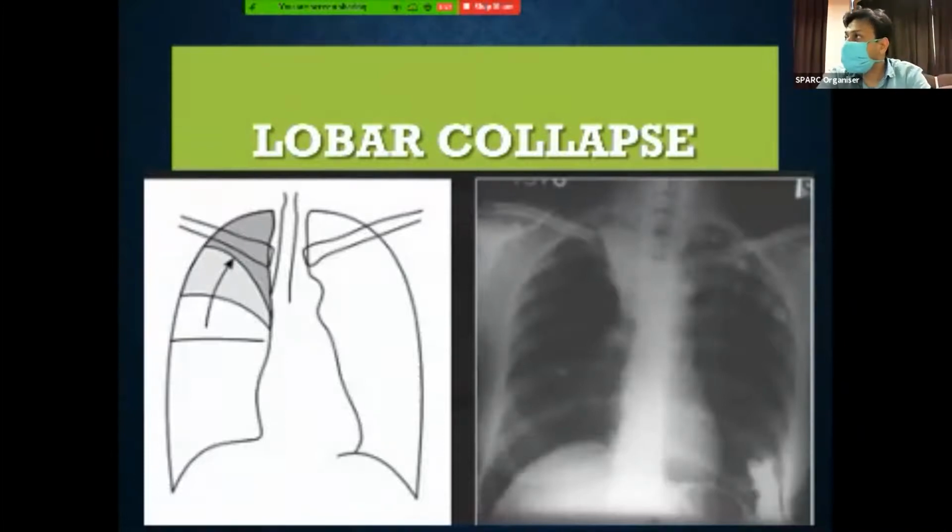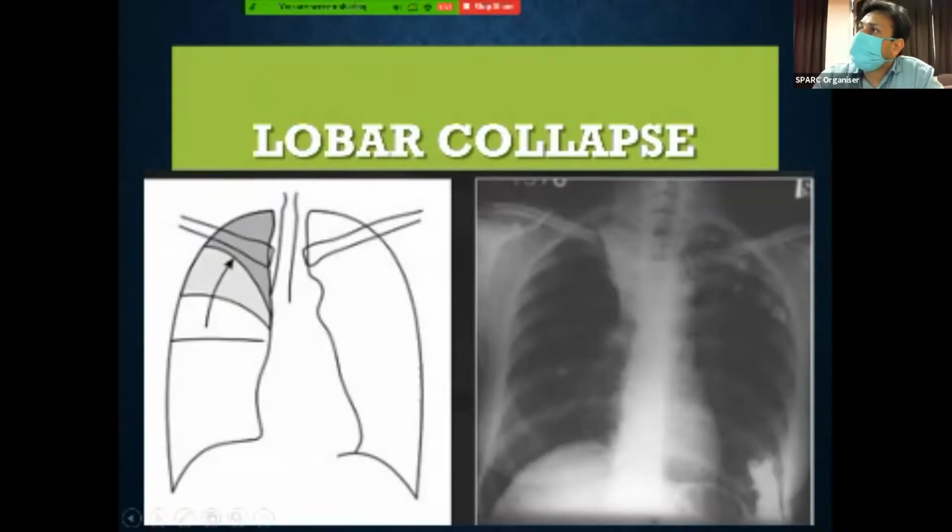Now coming to the collapse. Collapse is a very important entity, and if you are not familiar with it, it is difficult to diagnose. What happens once the lung is collapsed? It occupies a very small place.